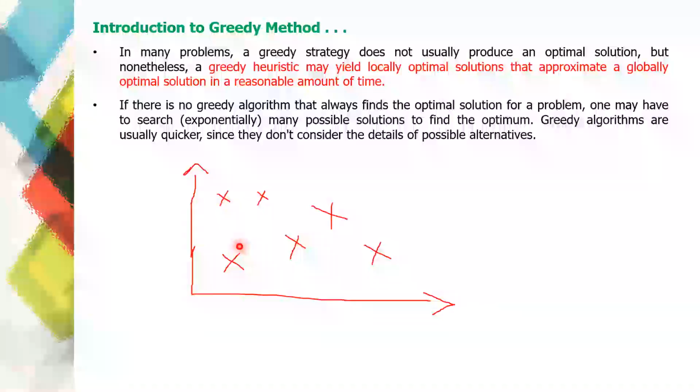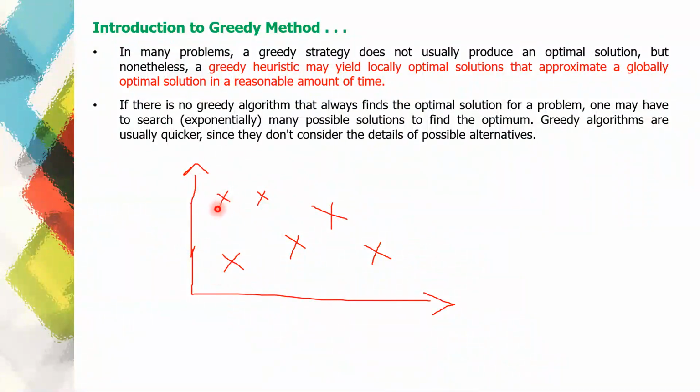I want to find an optimal solution. That means I want to find the best solution that is available. How can I determine that among all the solutions, one is the best? For that, I'll have to search every feasible solution. These are all the feasible solutions.